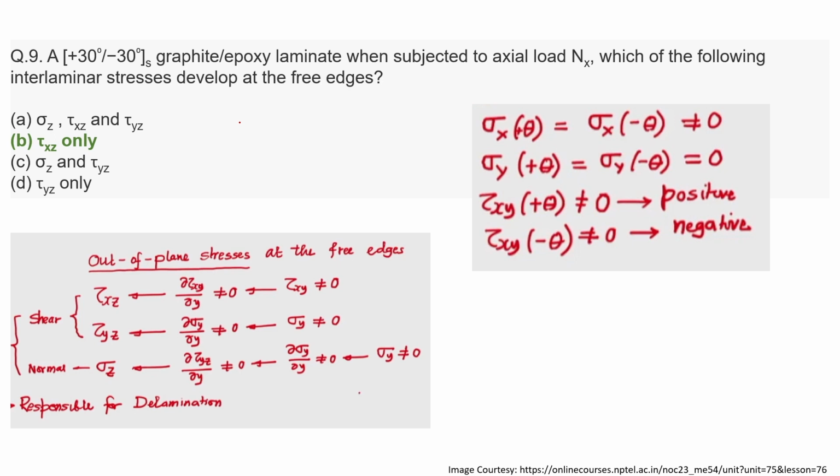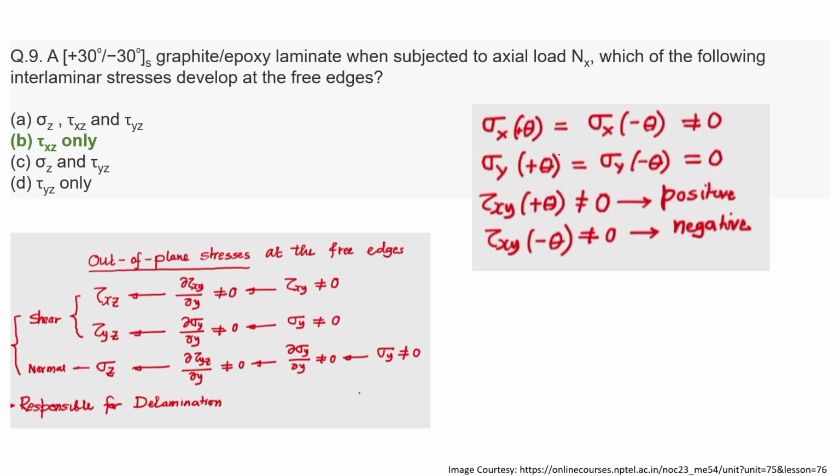Only A remains: load equals the A matrix multiplied by the strain values. So from the given load and the A matrix, we get the value of strain. From the strain values, using the reduced stiffness matrix, we get the values of stresses. For a plus minus theta symmetric laminate, the sigma x values for plus and minus theta are equal, and both of these values are not equal to 0.